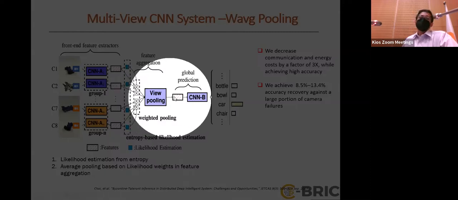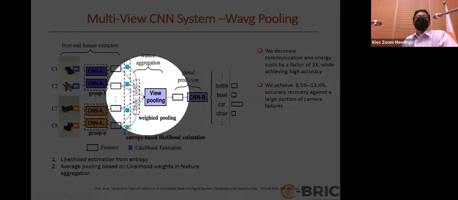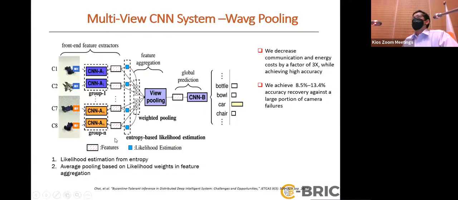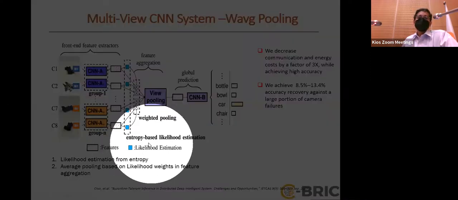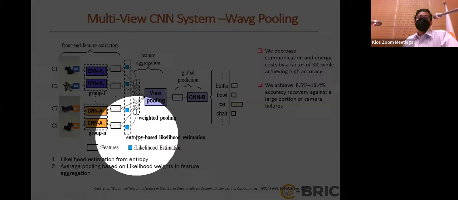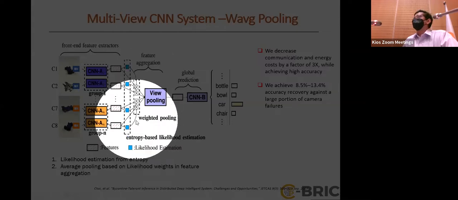Of course, this is a trade-off, right? I can turn off everything, which means you don't make any classification. If you pick the right ones, you do well. So the trade-off depends on the threshold you choose for this entropy likelihood estimation.